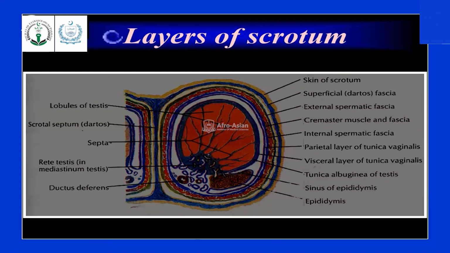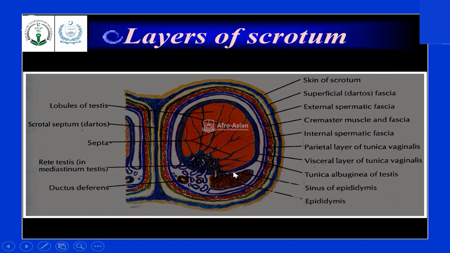So the cremasteric muscle has an outer layer of fascia which is called external spermatic fascia, and the inner fascia is internal spermatic fascia. Then is the brighter layer of tunica vaginalis. Then is the visceral layer of tunica vaginalis, and inside of this blue line is the tunica albuginea of testes.